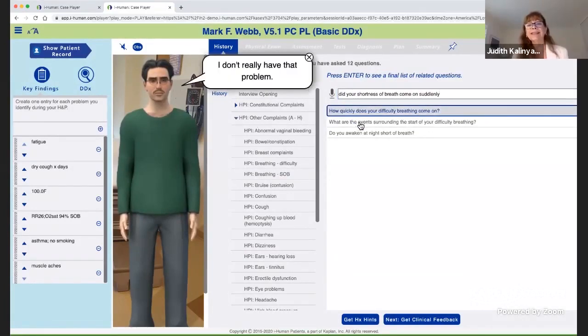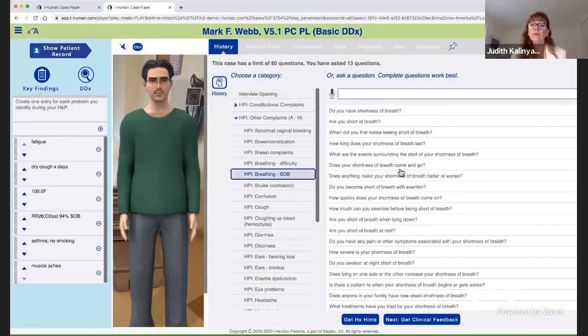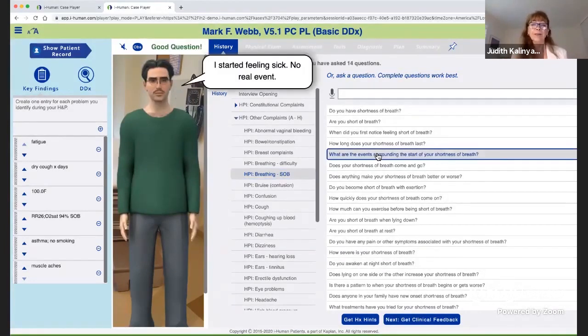I'm not sure. He doesn't quickly. He's not seeming to totally understand that problem. So let's see if we can rephrase it in a slightly different way. Like maybe what were the events surrounding the start of your shortness of breath? If I was trying to catch peanuts in my mouth and then I sort of choked, maybe that could explain my shortness of breath. When he started feeling sick.